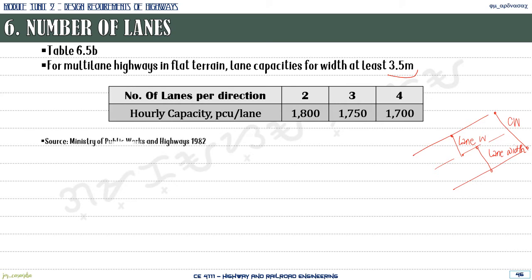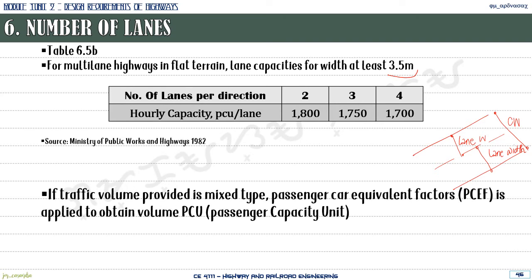Okay, so take note that if the traffic volume provided is a mixed type, meaning it's a combination of different vehicle types, the passenger car equivalent factors will now be applied in order to obtain a volume in PCU, or passenger car unit. Okay?